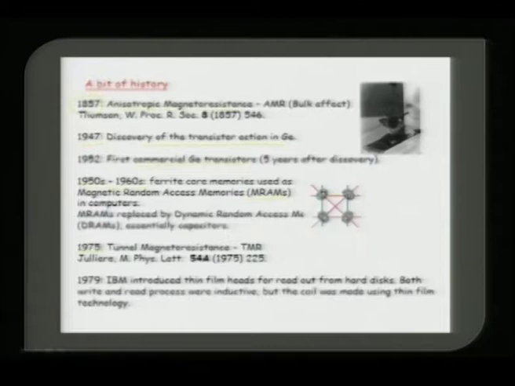Then in 1975 for the first time a tunneling magnetoresistance response was reported by Julliere, and in 1979 IBM introduced thin film heads, which are called MR read heads, which started coming and affecting memory storage, and that is where we saw the computers coming into every home.